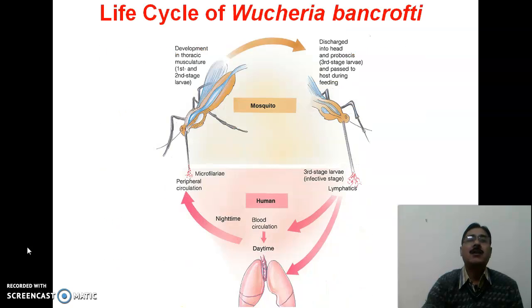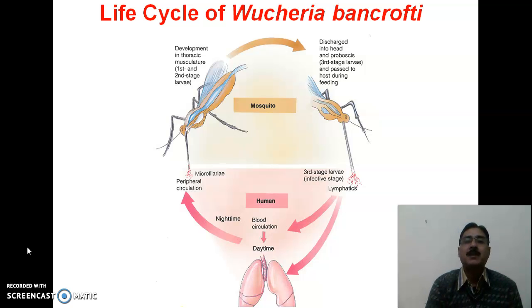This is the life cycle taking place in the host, that is the human being, and the secondary host, the mosquito. You can see the third stage infective larvae are transmitted by the mosquito during its bite or sucking the human blood. There is a characteristic biological rhythm present in the microfilariae.